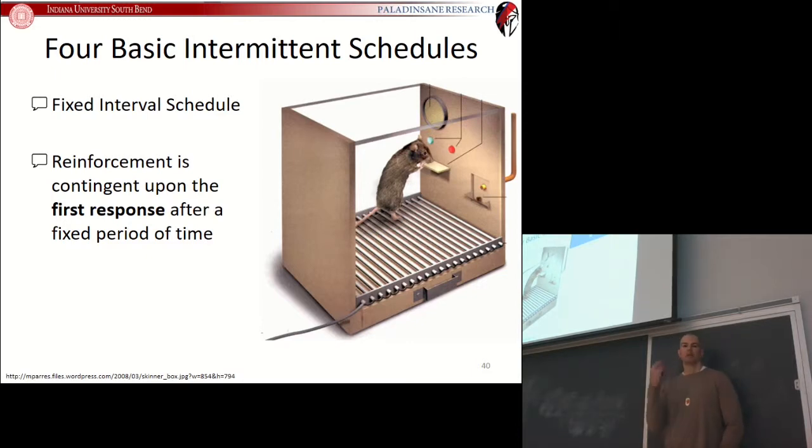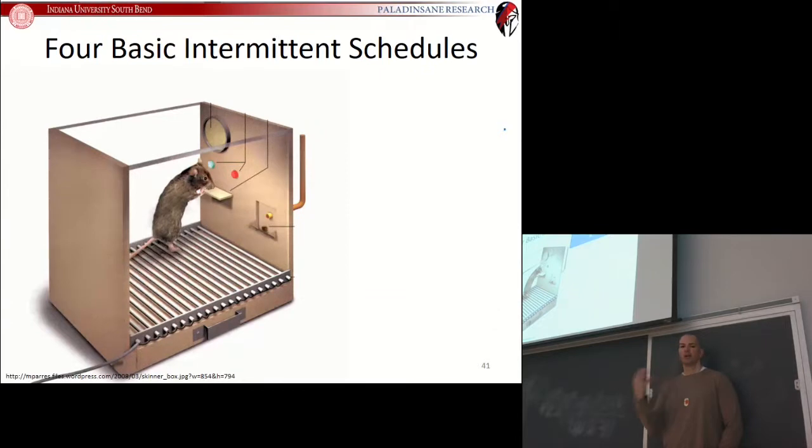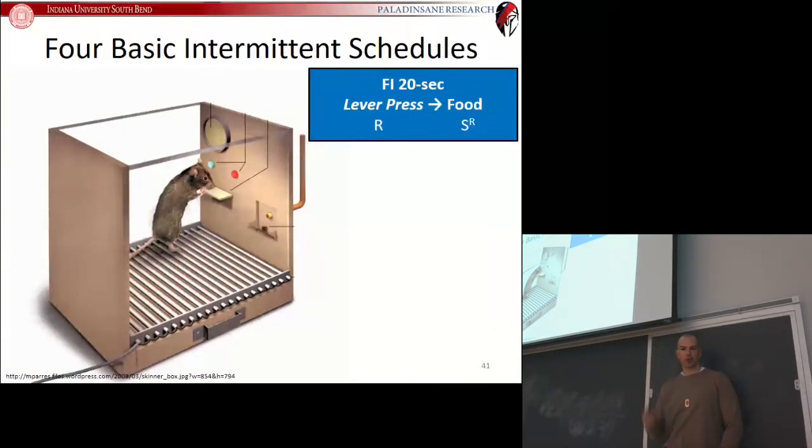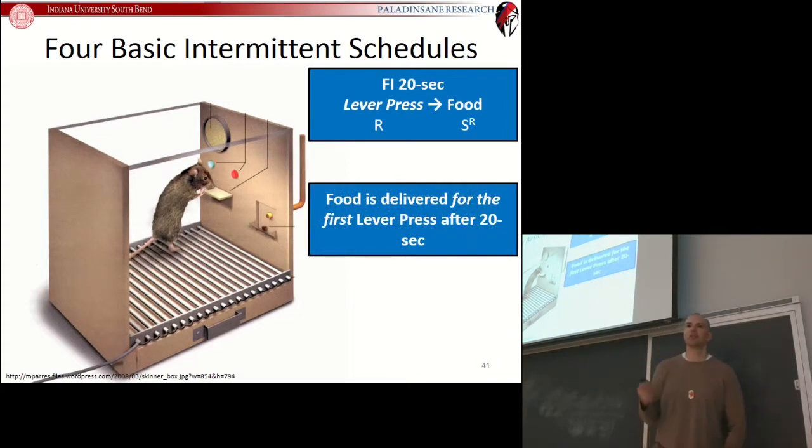So if Sniffy is on a fixed interval 20-second schedule, Sniffy's going to be reinforced with food when he does the operant behavior of lever pressing. However, food is going to be delivered only for the first lever press after the 20-second interval has expired. So Sniffy can press that lever as much as he wants during that 20-second interval.